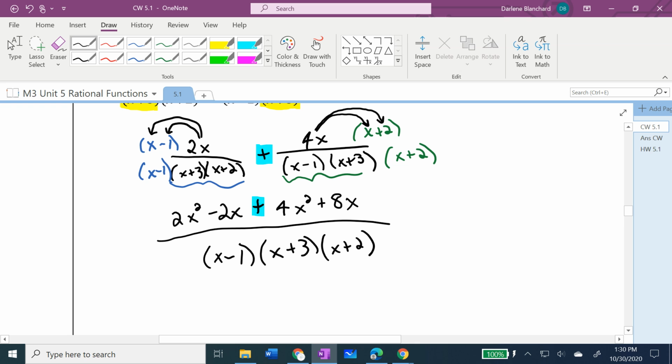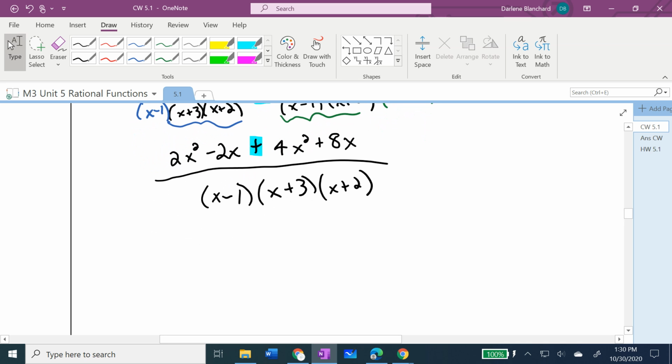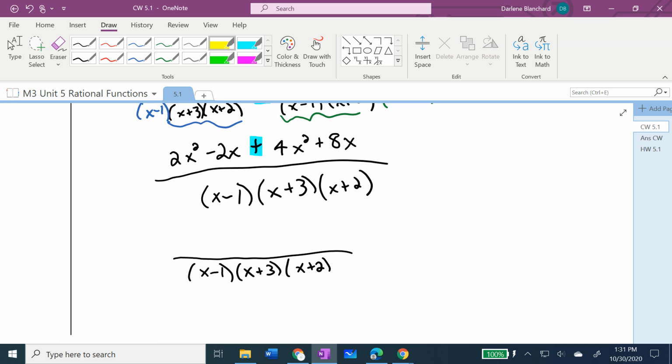And now I need to add my like terms of the numerator. But the denominator is done. Unless you really feel like expanding that, leave it in factored form. And so let's see. I have an x squared and another x squared.